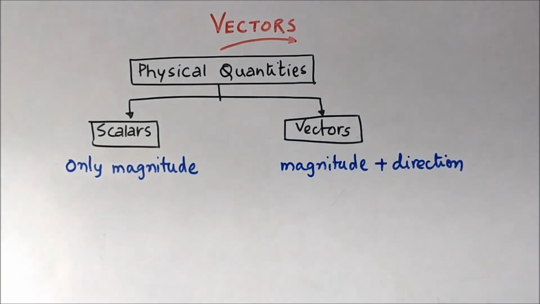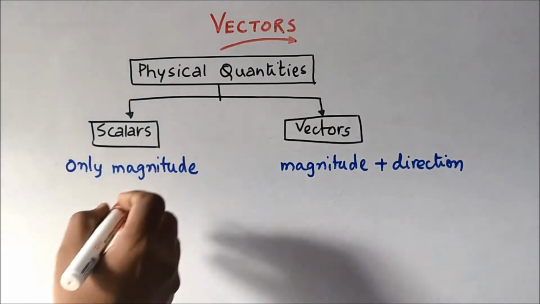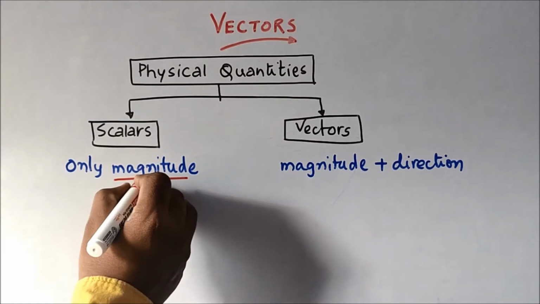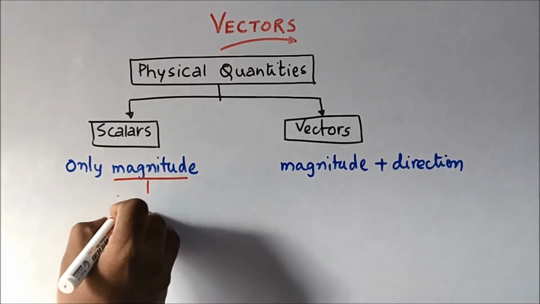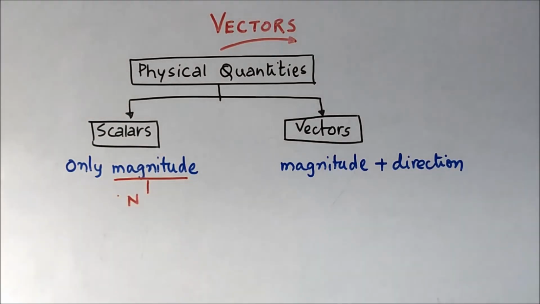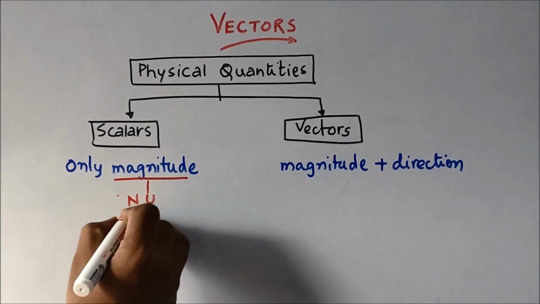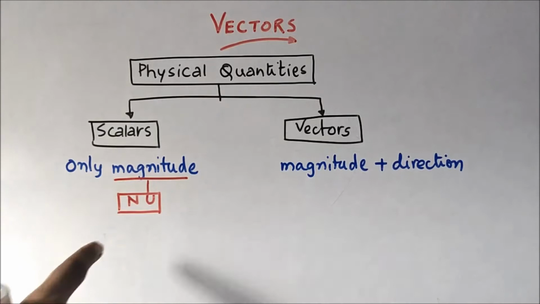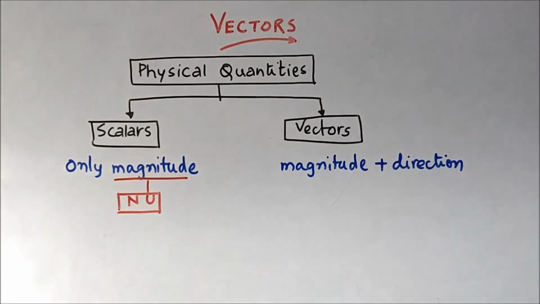Every physical quantity is represented by magnitude. Magnitude represents two things: one, number, and the other, unit. So magnitude consists of two parts, one number, the other unit.